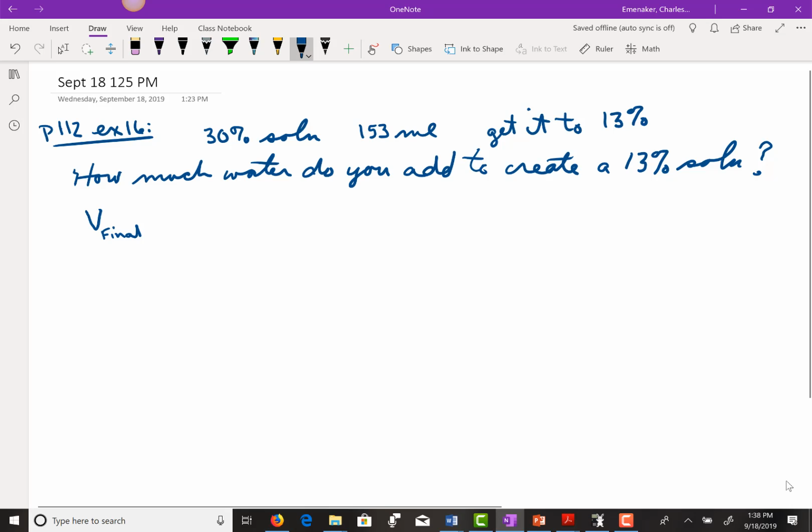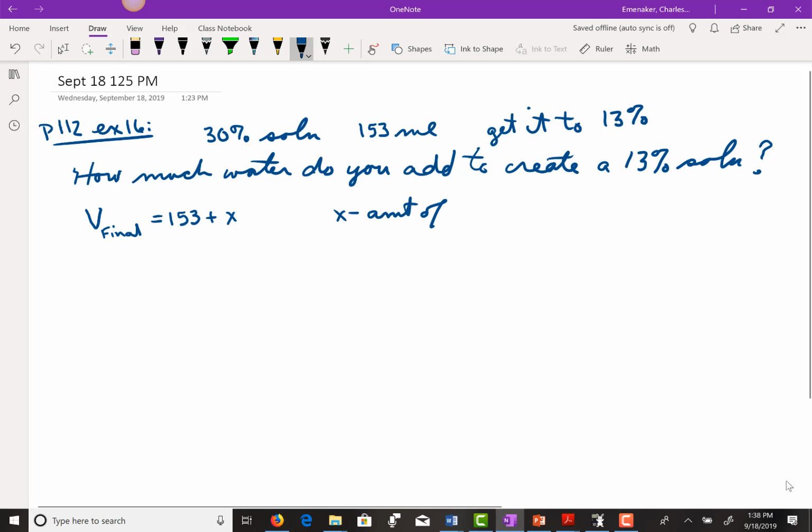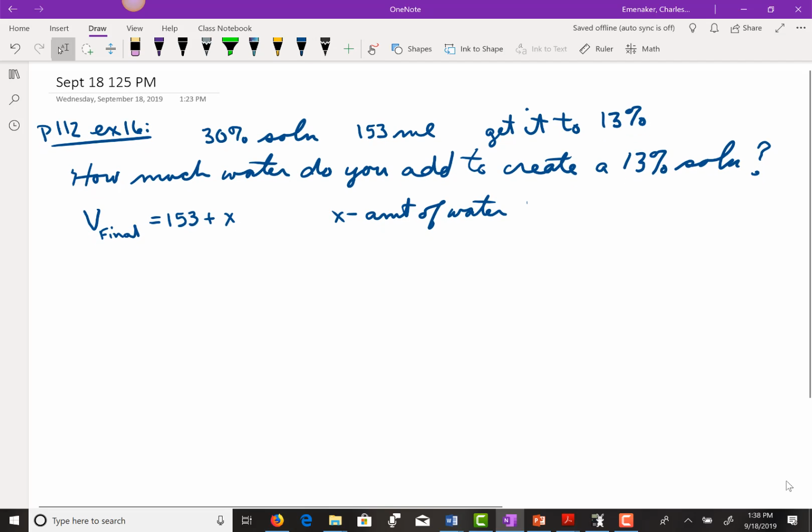Well, this final volume is going to be the 153 milliliters that we have right now, plus, do we know how much water to add? So I'm going to call that X, because I really don't know how much to add. And I'm going to make a note out here that X is the amount of water that's going to be added.